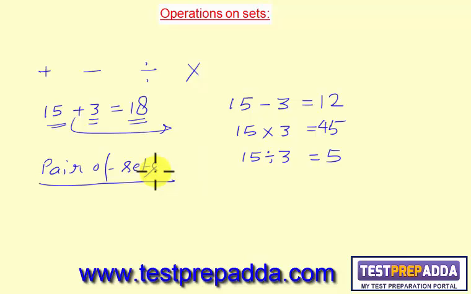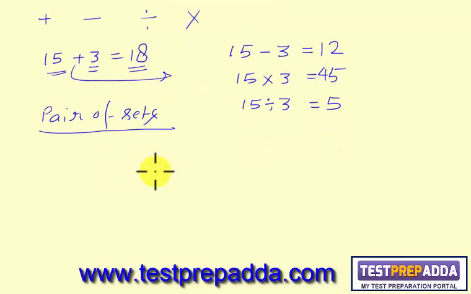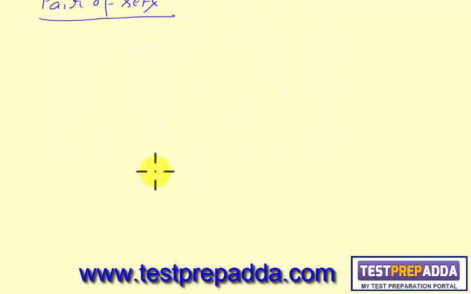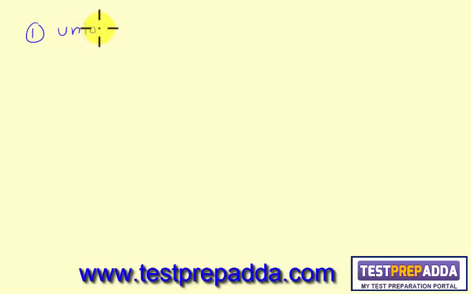First is union of sets. First, I will write here union of sets. The symbol that is used for union is this.